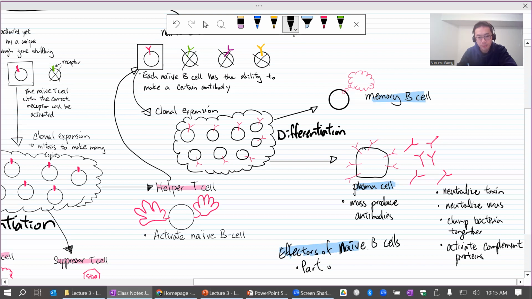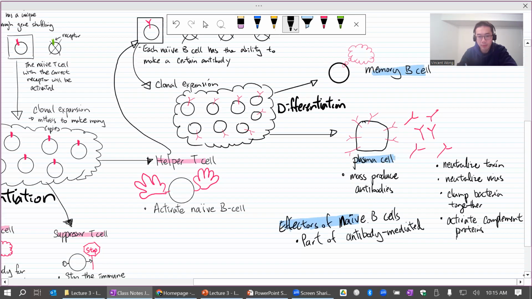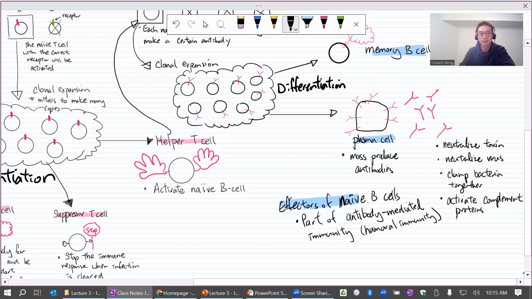Part of antibody mediated immunity. If you read this online, it's sometimes also called humoral immunity. Same thing.